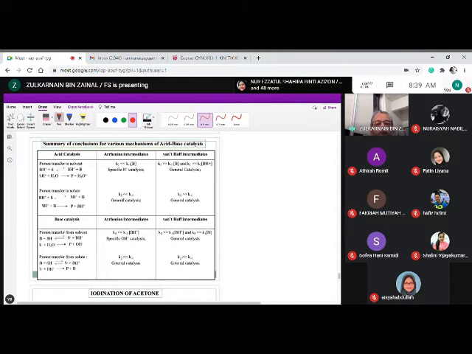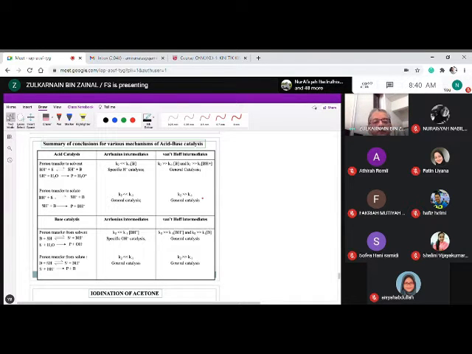But if K2 is less than K minus 1, it also becomes general acid catalysis. So you have general acid catalysis and also specific acid catalysis. For Van Hoff intermediates, if K2 is larger than K1B and K2 is larger than K1BH plus, it is general acid catalysis. And also if K2 is larger than K minus 1, also it is general acid catalysis.